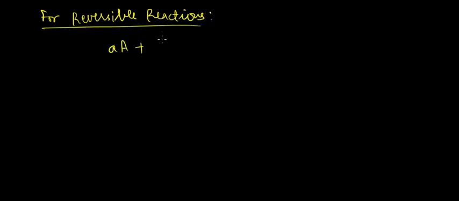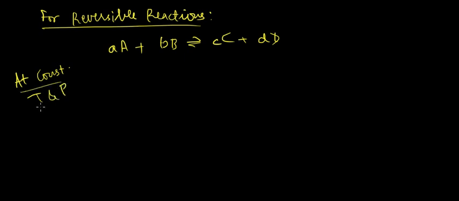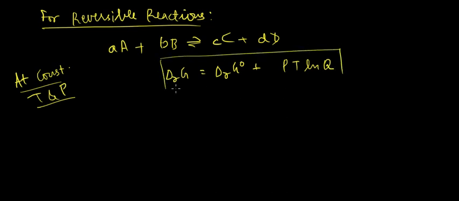For reversible reactions of this type, we can write that at constant temperature and pressure, delta_rG would be equal to delta_rG naught plus RT ln Q, where Q is the reaction quotient.